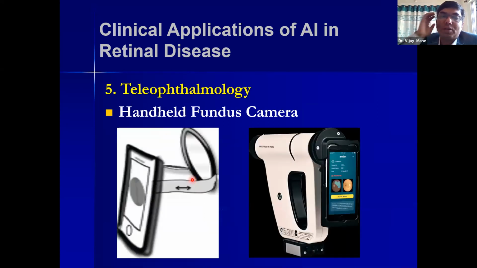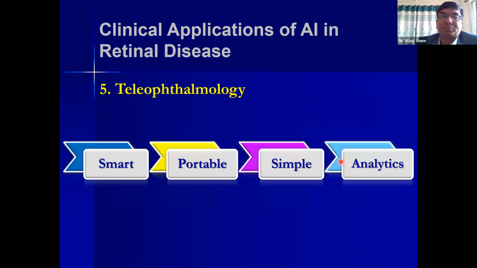You can come up with the use of AI for development of smartphone based applications, smartphone based screening, smartphone based detection of the disease. For that, the very first thing is development of such a camera, and then development of such a processing model, which can be web based or application based.